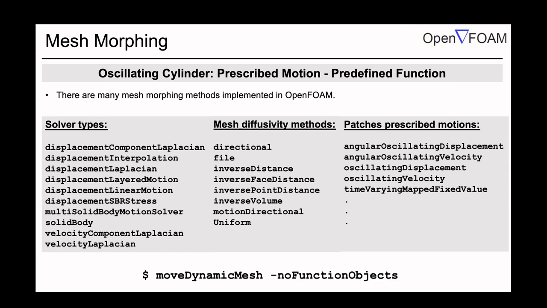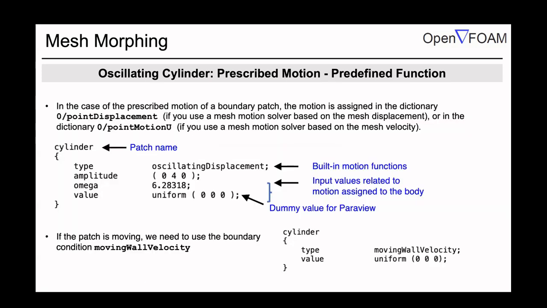If you don't want to solve for a long time, you can use this solver called moveDynamicMesh. It will only solve your mesh motion equation and give you a feel for whether that is an appropriate mesh motion for your problem.